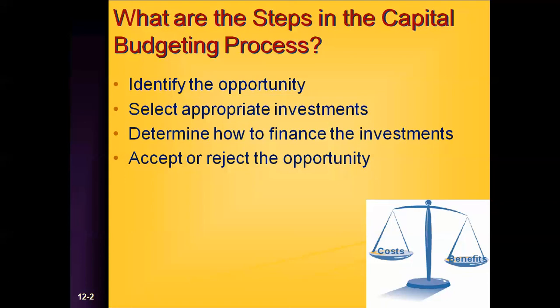Typically, businesses have more than one opportunity to invest in, so they have to go through a selection process in terms of which investments are most appropriate. The selection process uses the methodologies and techniques learned in our last chapter, which is to use the net present value or similar kinds of methods to identify the value of future cash flows today, because you're making that decision to invest today. Once you force rank the appropriate investments, then you determine, okay, how are we going to finance this investment?